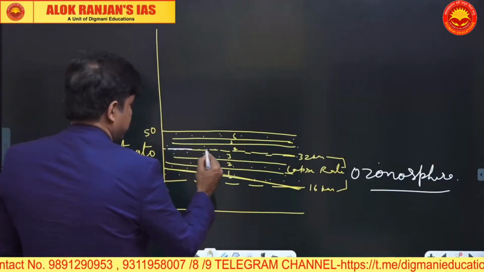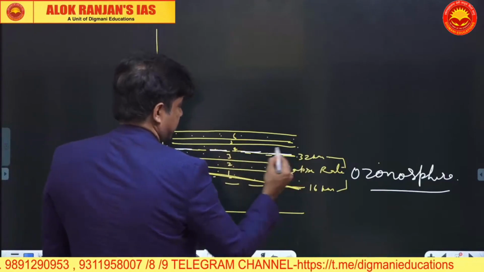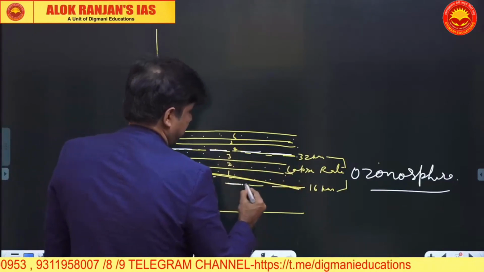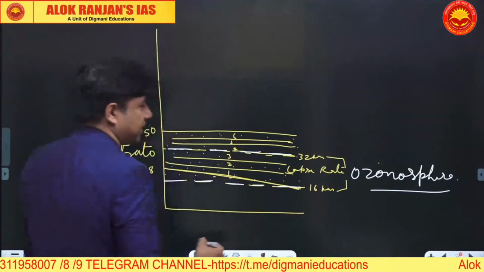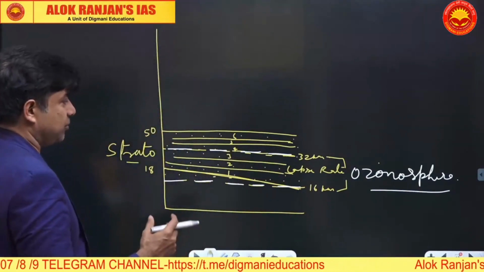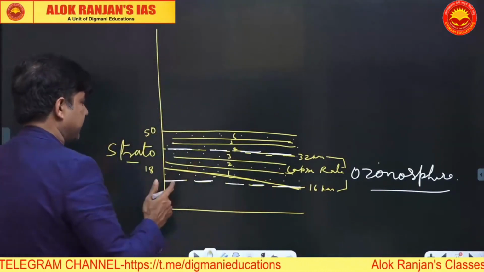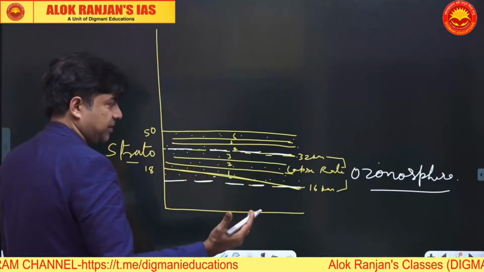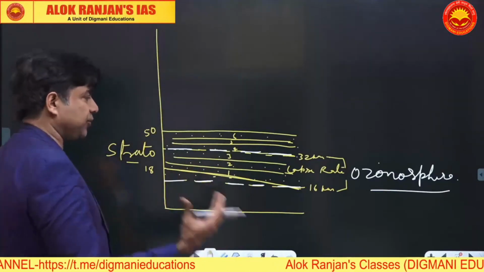So this layer between 32 and 16 kilometers is called the ozonosphere. It simply means that some part of the tropopause is also part of the ozonosphere.